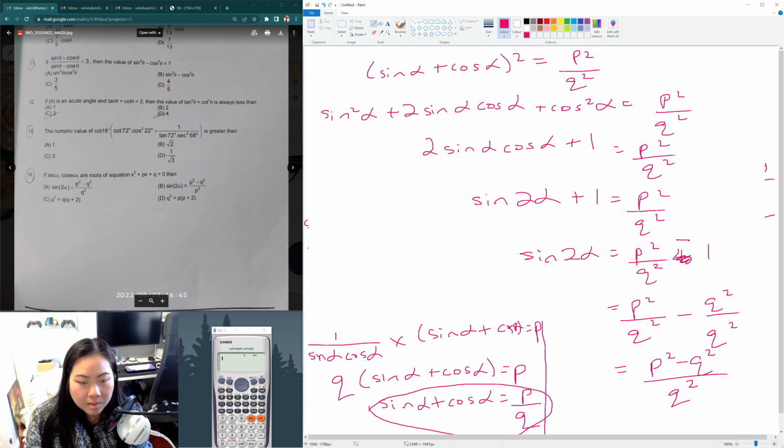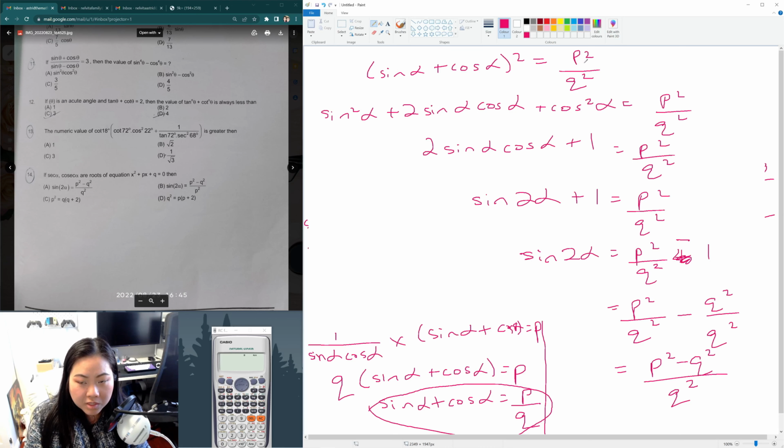Secondly, the p and q are not squared, whereas all the p's and q's in the answers are all squared. So again, problematic. And I can't just get rid of the cos alpha, so I'm going to square them and see how it goes. I didn't know where it was going to go or how it was going to turn out, but all I knew was I needed the p and the q to be squared.